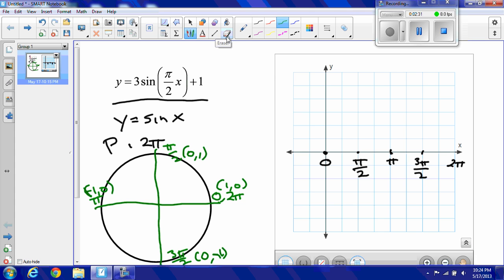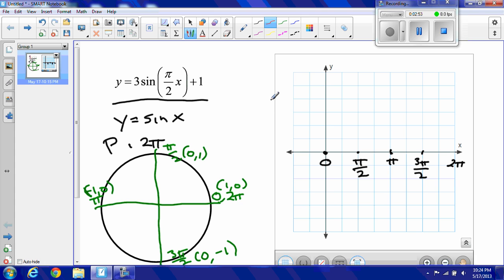Let's see if we can fix that. Try again. 0, -1. Much better. And we remember that the x values are my cosine values and the y values are my sine values.